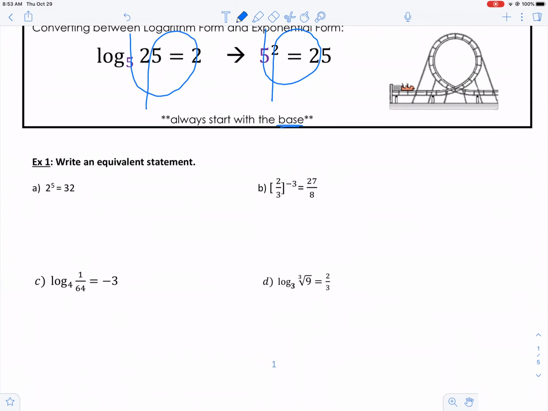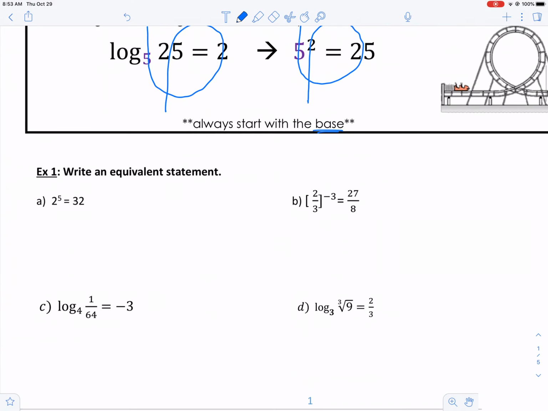So we're going to get on our roller coaster, and we're going to say log base 2 of 32 is 5. Log base 2 of 32 equals 5. We're just going to be writing an equivalent statement, okay? So we're going back and forth between exponential equations and logs.